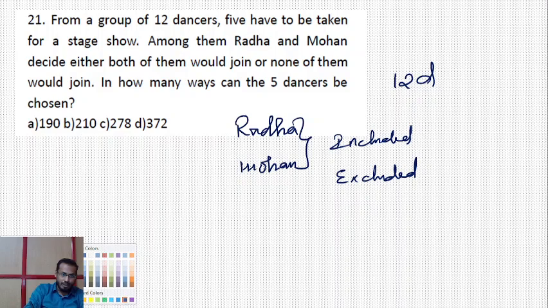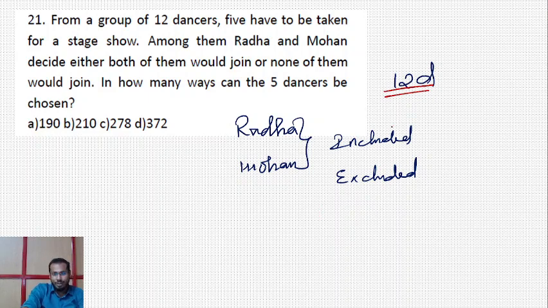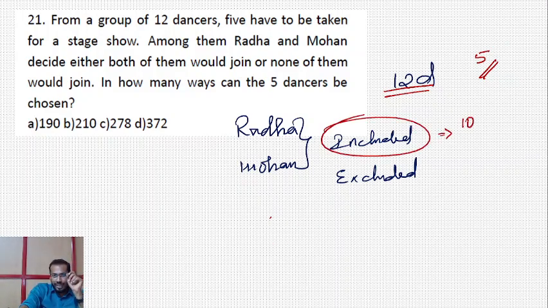When I include these 2 guys, what will happen? Totally there are 12 dancers. If they are included, the competition is not for 12. Out of 12, we're going to select only 5. So now, if they are included, I'm going to select only 3 out of 10, because Radha and Mohan were already selected.